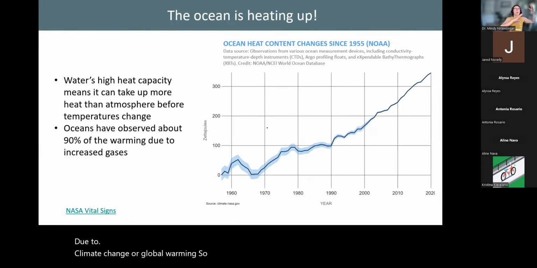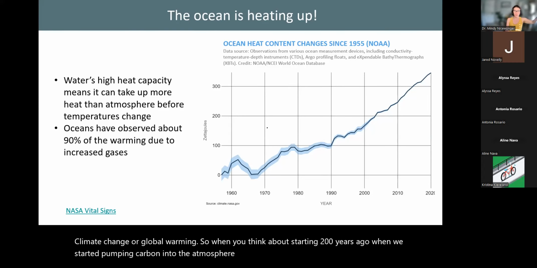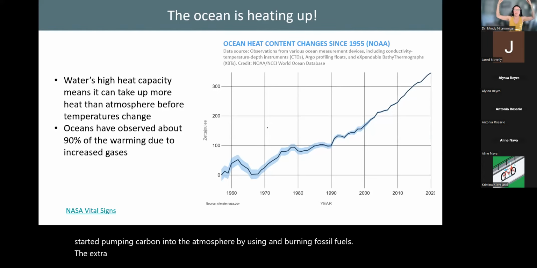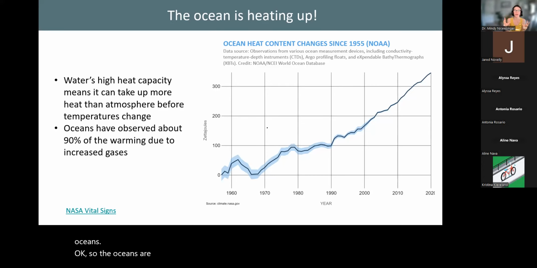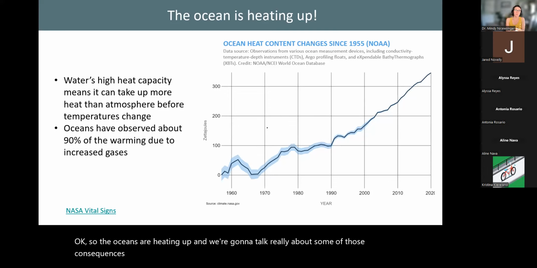So when you think about starting 200 years ago when we started pumping carbon into the atmosphere by burning fossil fuels, the extra heat that's been trapped by that increase in greenhouse gases, 90% of it is in our oceans. So the oceans are doing a lot of work right now, and without our oceans, our atmosphere would be much warmer. The oceans are heating up, and we're going to talk about some of those consequences in a few weeks, when we think about what will happen if our oceans continue increasing in temperature.